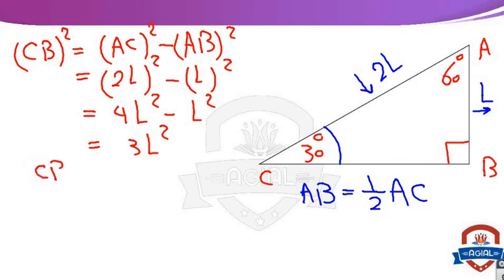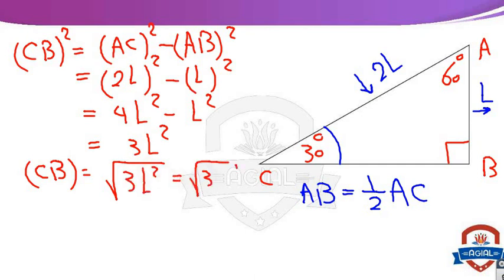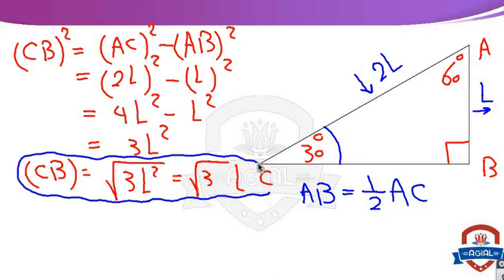Then CB equals the square root of 3L square, which equals square root of 3 L unit length.